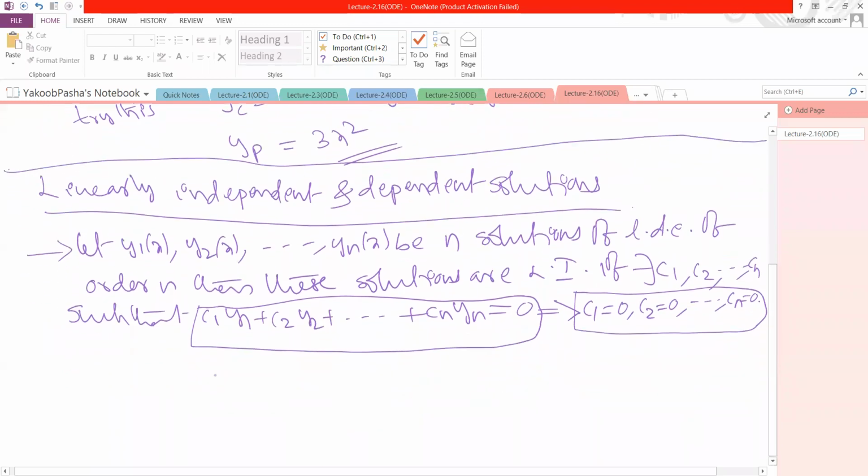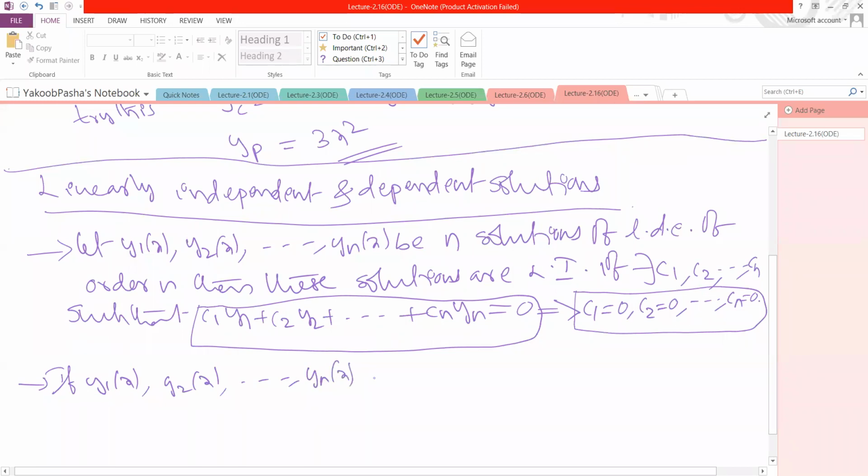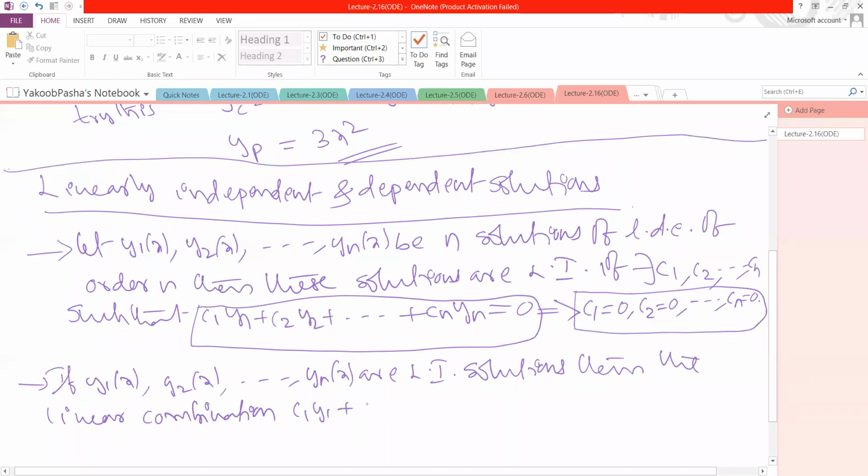Now, if y1 of x, y2 of x, and so on, yn of x are linearly independent solutions, then consider the linear combination c1 y1 plus c2 y2 plus up to plus cn yn.